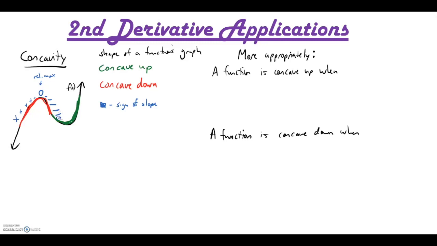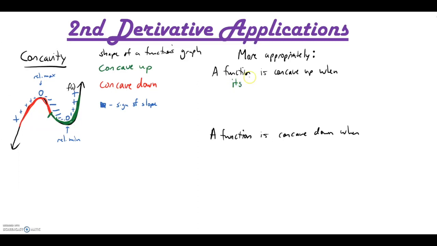Into the green section of the graph, the slopes are still negative until we get to the low point on the graph, where the slope is 0 and where the function has a relative minimum. And then the slopes become positive and become more and more positive as you move off to the far right of this graph. And we've got the separation point in the middle where the graph changes from red to green.